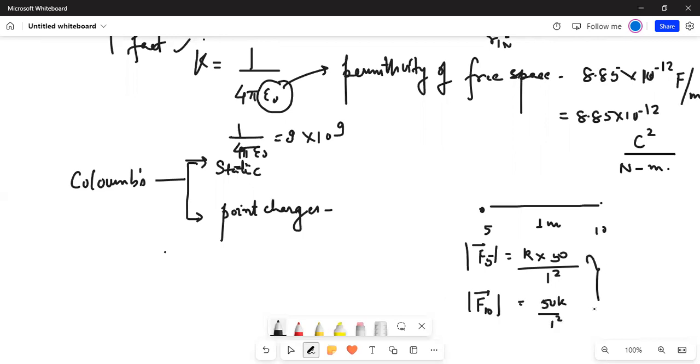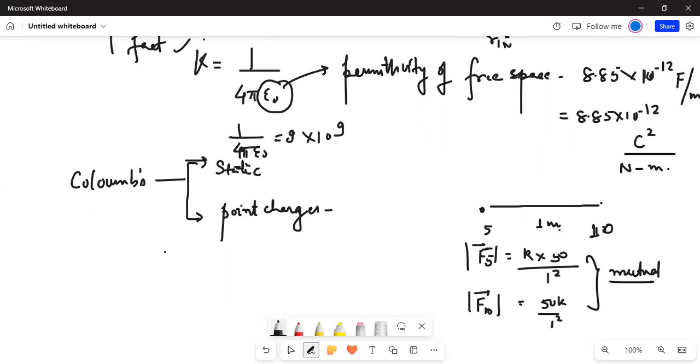So the first thing that you need to understand is that this force is mutual. So if someone asks you whether the force on the 10 coulomb charge will be greater than the force on the 5 coulomb charge, or the force on the 5 coulomb charge is greater than on the 10 coulomb charge, the answer is no. The force would be equal. This is the first thing that you should readily realize from this simple example.